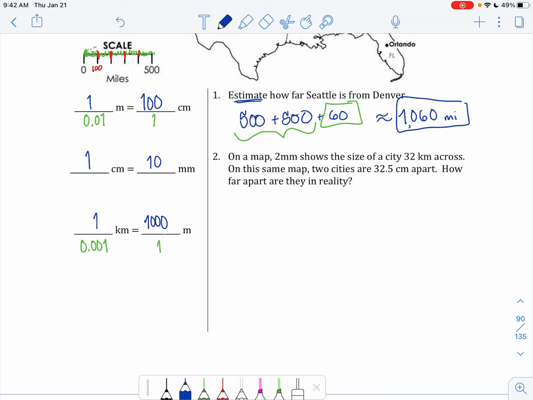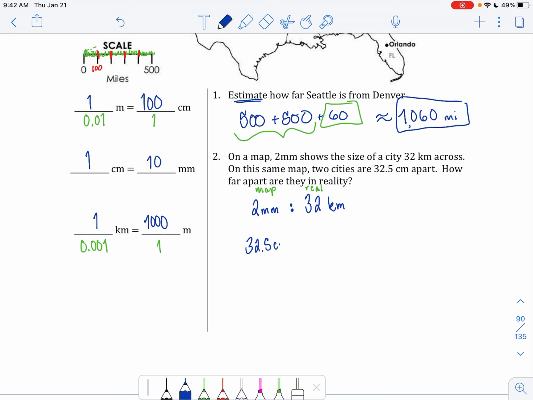So the way I like to set this up is to think about ratios, scales, and proportions. So we know that on the map, 2 millimeters turns into 32 kilometers. Now the question here is on the map again. So this is always your map, and this is reality, so scale and actual.